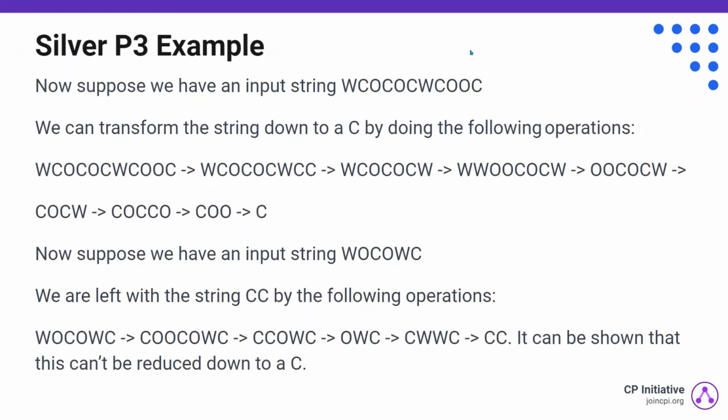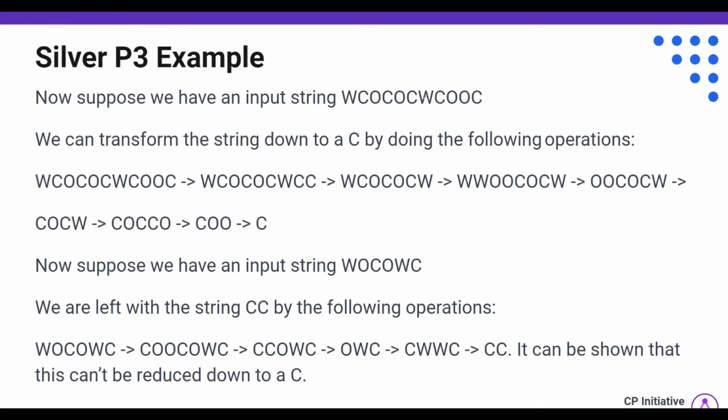Here's an example. Suppose we have an input string WCOCOWCOOC. We can transform the string down to a C by the following operations. We can delete these 2 O's right here, and we get this. And then we can delete these 2 C's, and we get this.